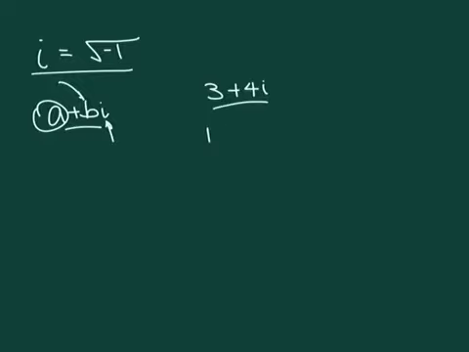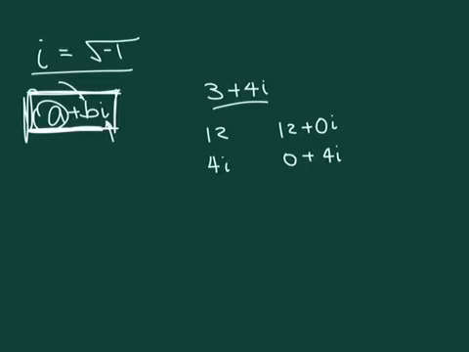If I have the number 12, that's also a complex number, and that can be written as 12 plus, do you see an i there? No, 0 i's. Or what if I had a 4i? Do you see a number all by itself there? No, so it's 0 plus 4i. So it's written in this format, a number plus another number times i.